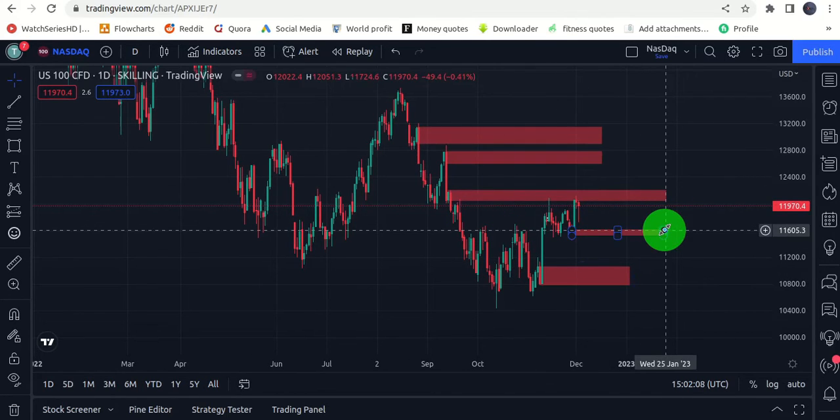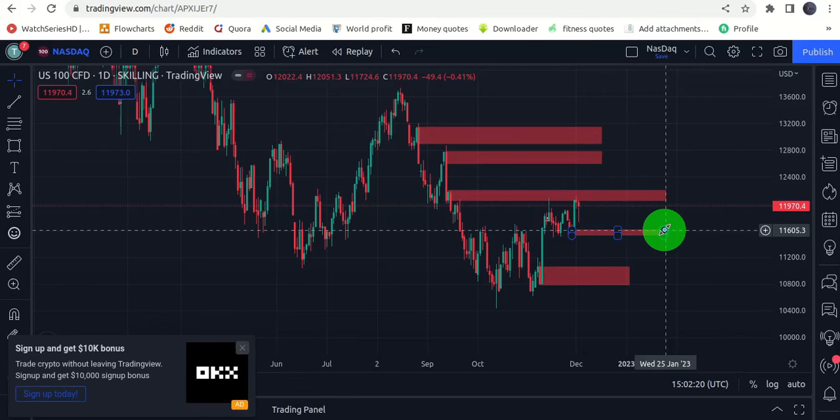So that's how I trade order blocks. In simple terms, high buying or selling areas, like high pressure candles. That's how you identify the order blocks. I know there are a lot of ways you can draw order blocks, but the way I draw mine, I look for high momentum candles.